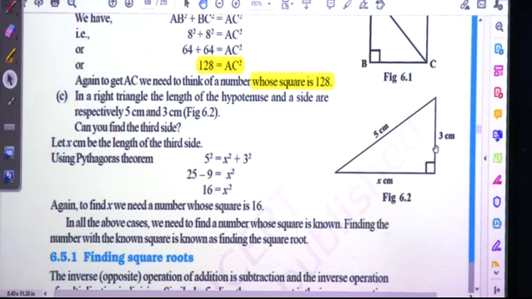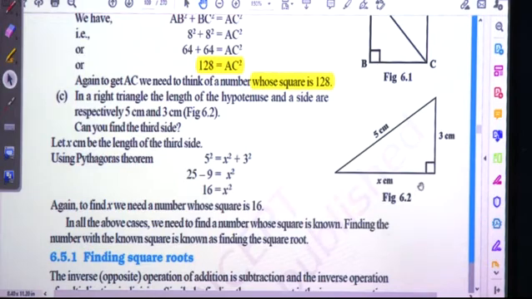With reference to figure 6.2, the hypotenuse has value 5 centimeter and the side has value 3 centimeter, and let that side be this side, you can see in the figure. Can you find the third side? Here the third side is denoted by x.